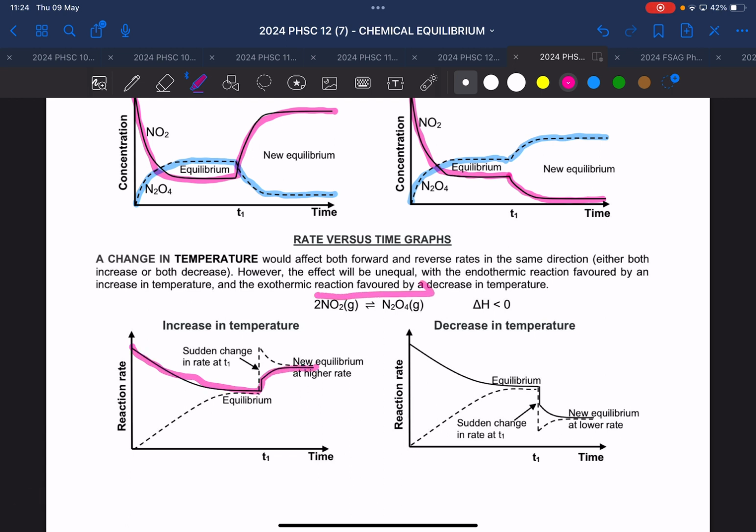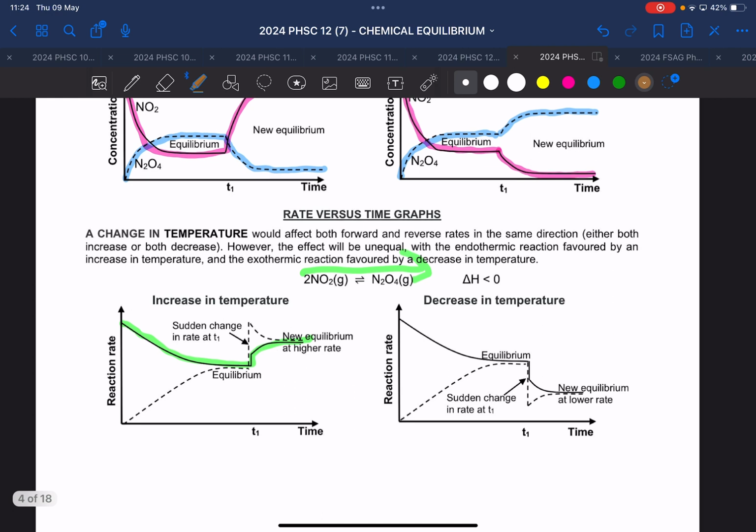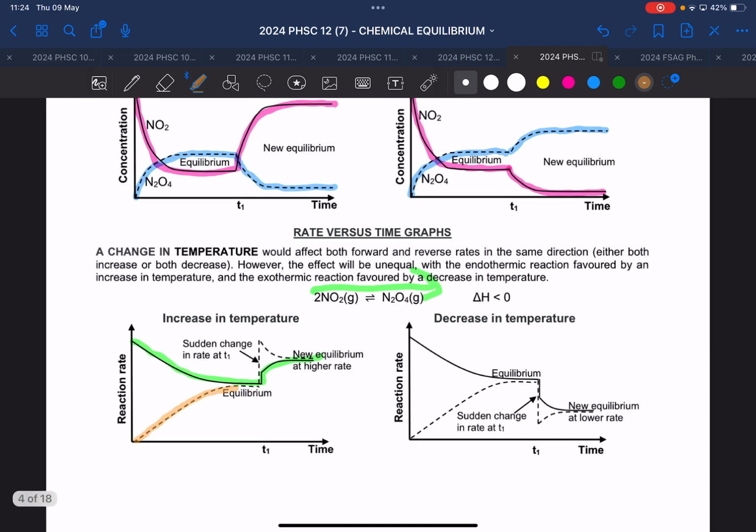I'm not going to use pink, let me use green. So our forward reaction, and our dotted line is our backwards reaction.